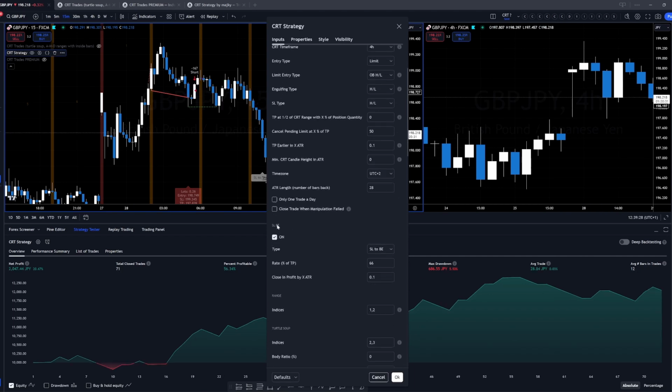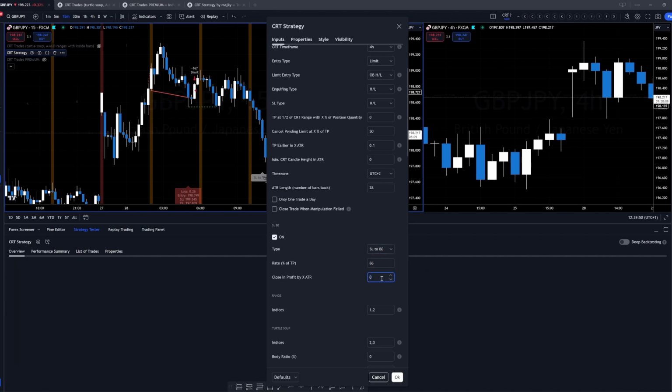We can also set stop loss to break even, or you can close half of the position when this rate is hit. So for example, if 66% of the take profit is hit, you can either set stop loss to break even, or you can close half in profit.